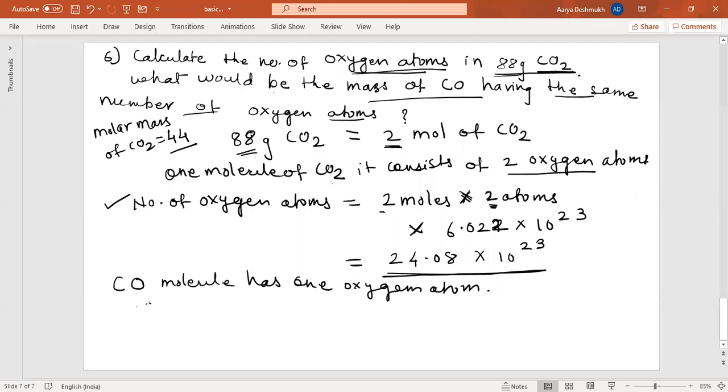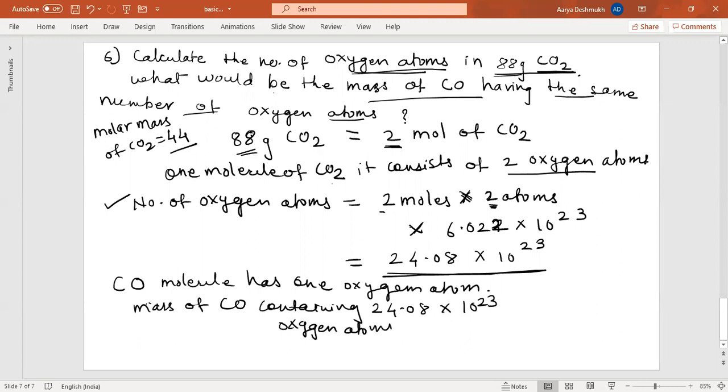Okay. Now, what would be the mass of this CO having the same number of oxygen atoms as the carbon dioxide? So here, mass of CO containing 24.08 into 10 raised to 23 oxygen atoms will be equal to, here we are calculating the mass of CO. So that will be equal to the molar mass of carbon monoxide CO divided by Avogadro's number 6.022 into 10 raised to 23, and it should be multiplied by the number of oxygen atoms.